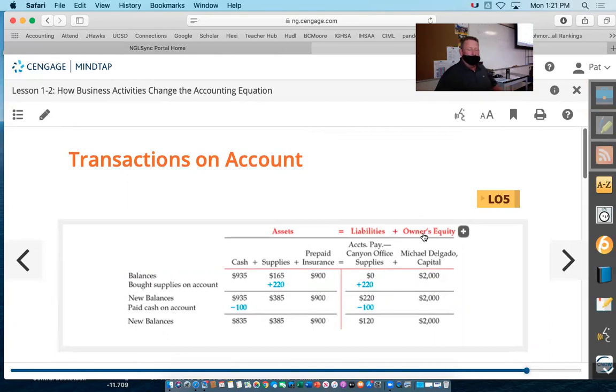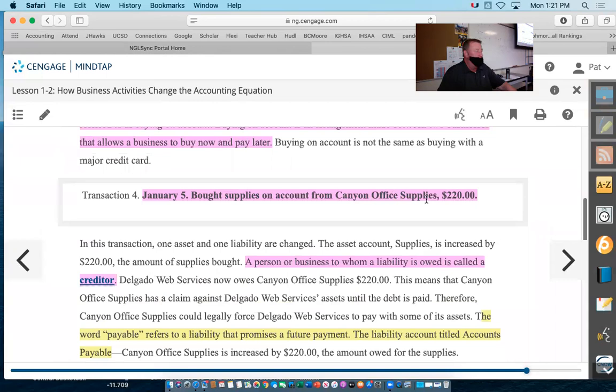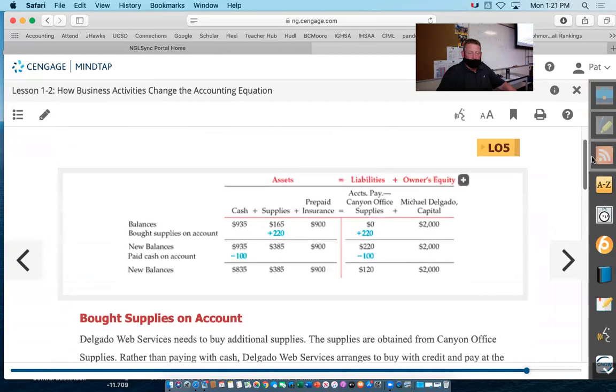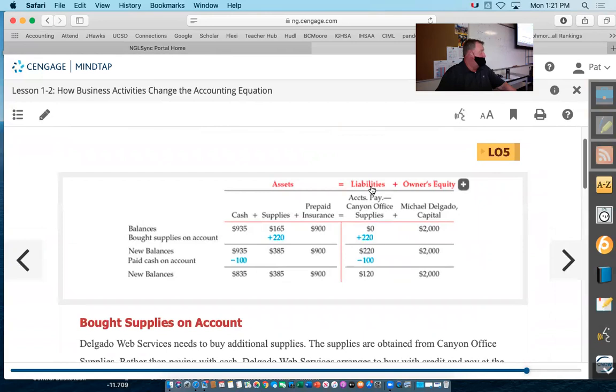What we're going to call it is not like Canyon Office Supply liability. We're going to call it accounts payable. And then the name of the company, Lowe's, Home Depot, Best Buy. This time they said Canyon Office Supply. So all we do is write accounts payable, Canyon Office Supply. And accounts payable means it's a liability.